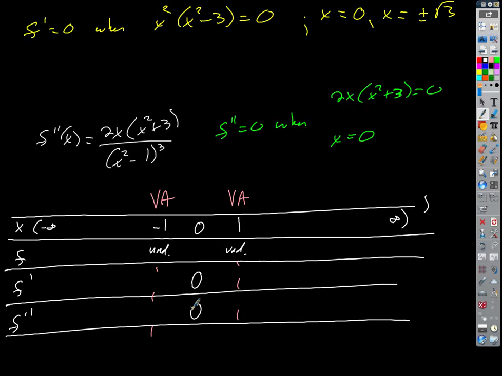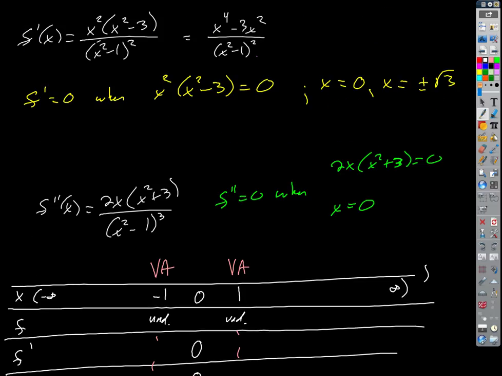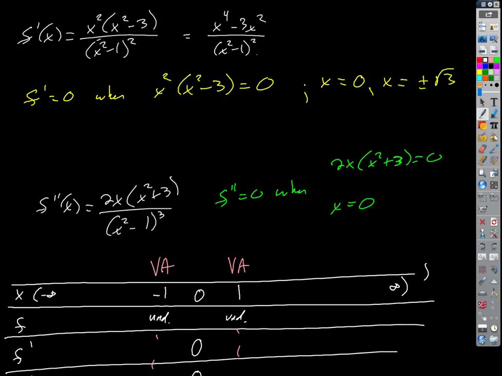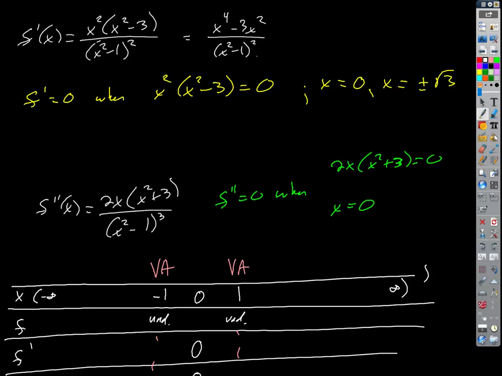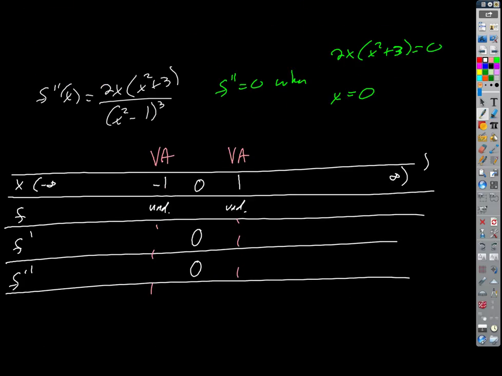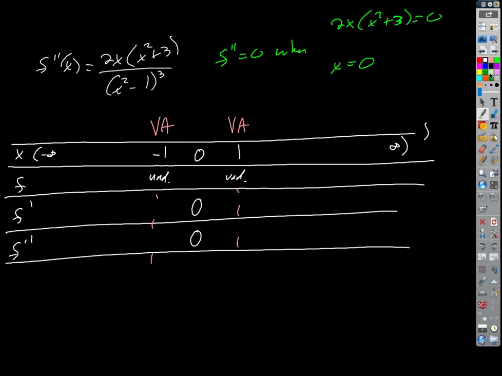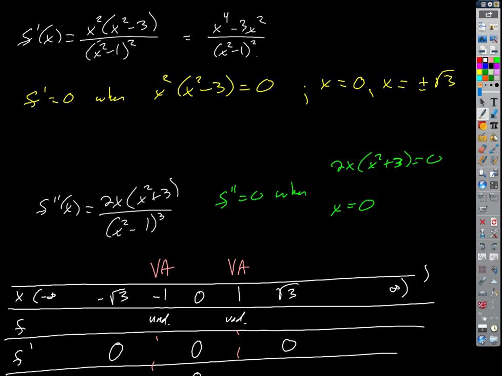We had critical numbers for the first derivative at plus or minus radical 3, and those are numbers that are bigger than 1, right? So we could put positive √3 and minus √3 there. What about our limits of our function?